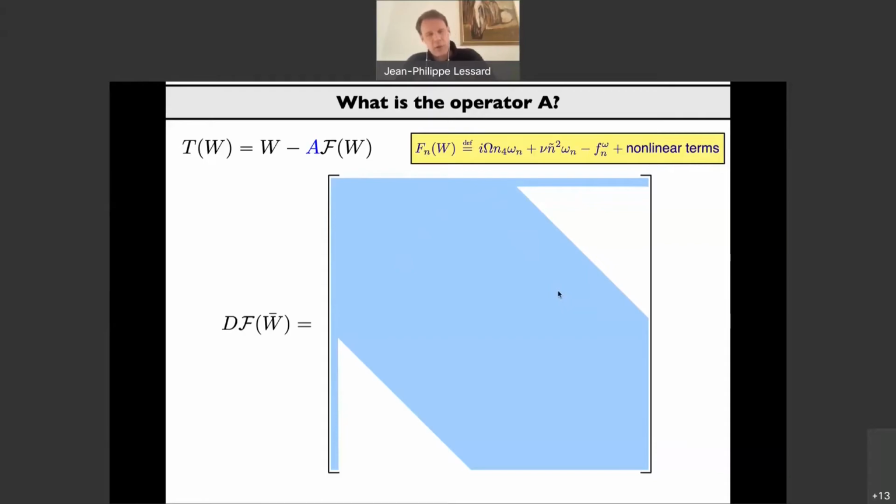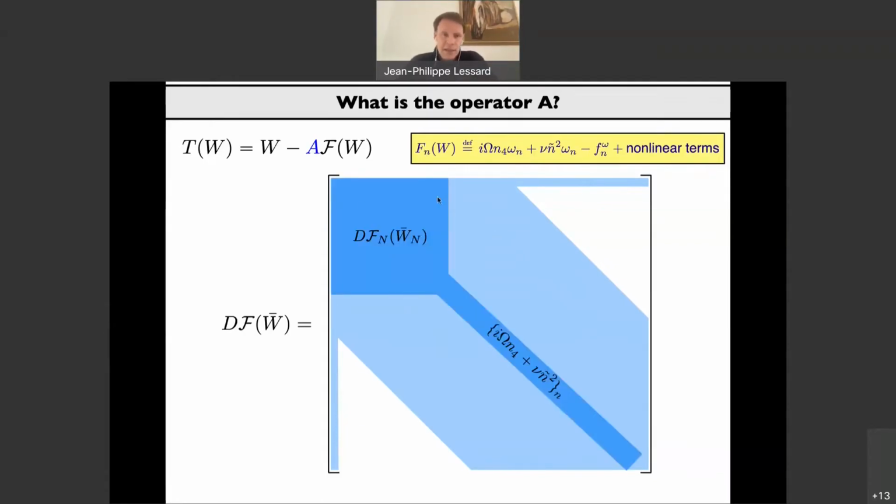You can think of the finite block as the finite dimensional map, for which I take the Jacobian matrix applied at the finite dimensional approximation, and you can think of the diagonal term as being just i omega n 4 plus nu n tilde square. The true Fréchet derivative of the map F applied to omega bar, the numerical approximation, really contains this structure.